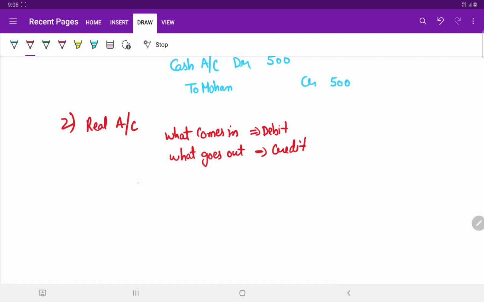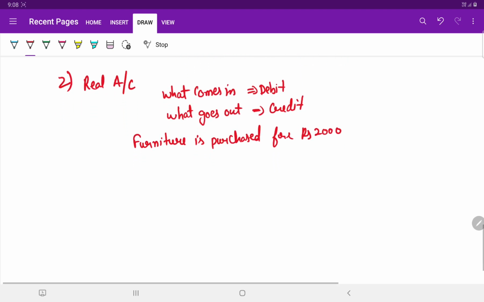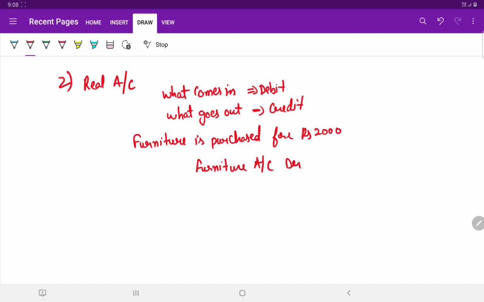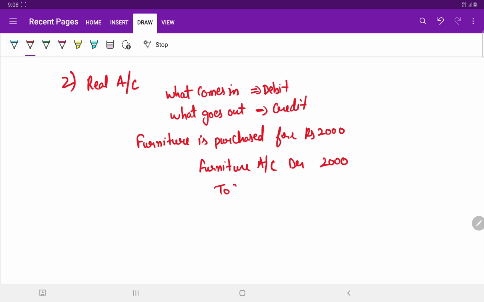Let us say furniture is purchased for rupees 2000, then the furniture account will be debited as the furniture is received for rupees 2000, whereas it is paid in cash, so the cash account will be credited with rupees 2000.